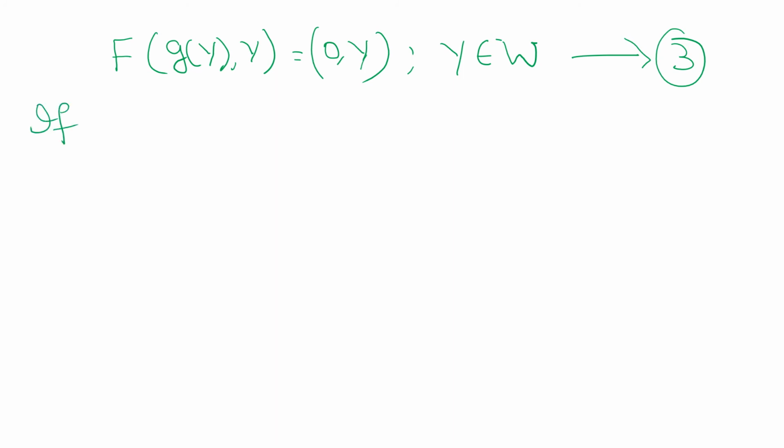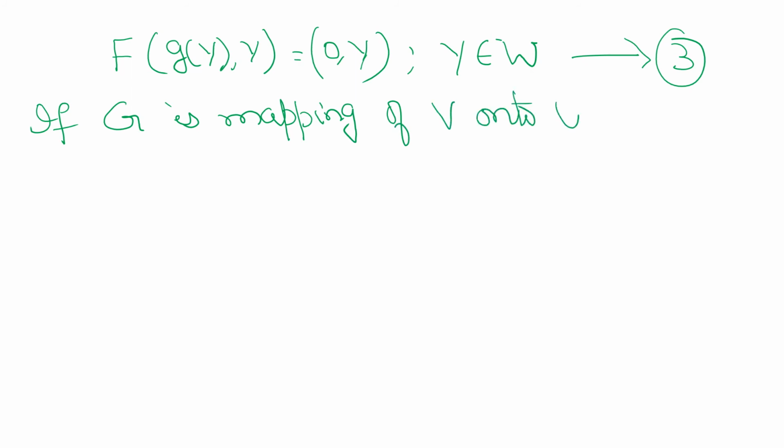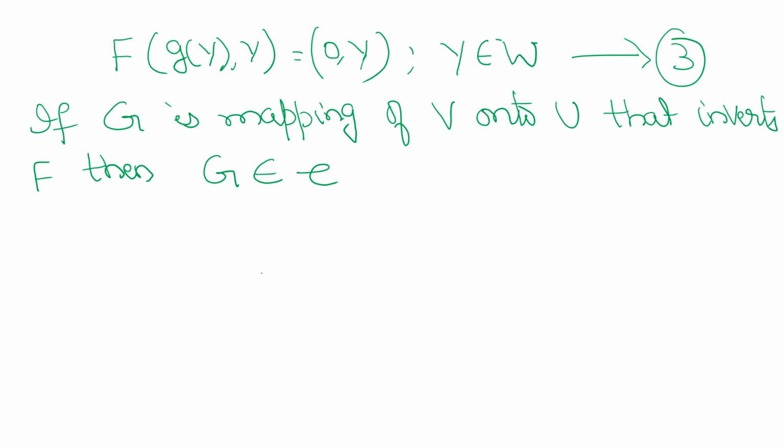If G is a mapping of V onto U that inverts F, that means F inverse is the mapping from V to U, then G belongs to C', by the inverse function theorem.